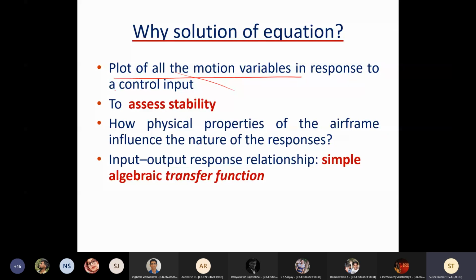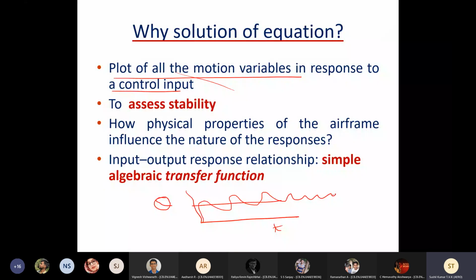You found that this theta motion variable gave some variation with time before it settled down to a stable value. So that is the overall aim. So what was Simulink doing? Basically solving the equation.